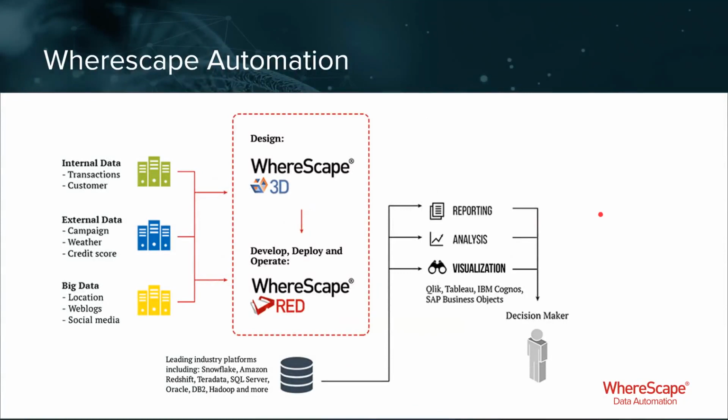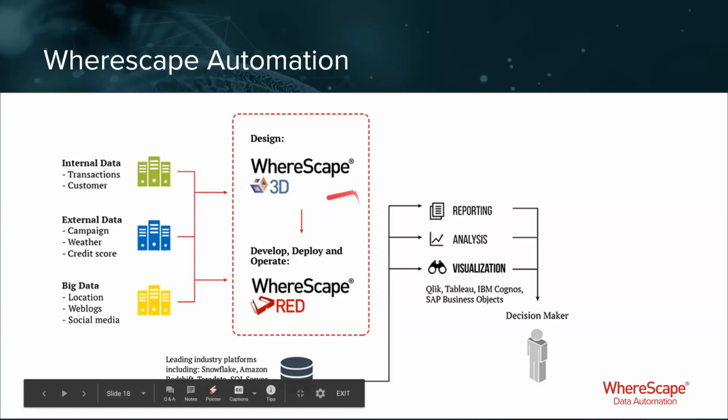This is just showing you we have two basic products. We have the 3D product, which falls under the design category, which then feeds to our WhereScape Red, which is what I call the engine, the develop, deploy, and operate part. So you've got internal data sources, external data sources, big data sources, streaming, and those things feed into the WhereScape products.